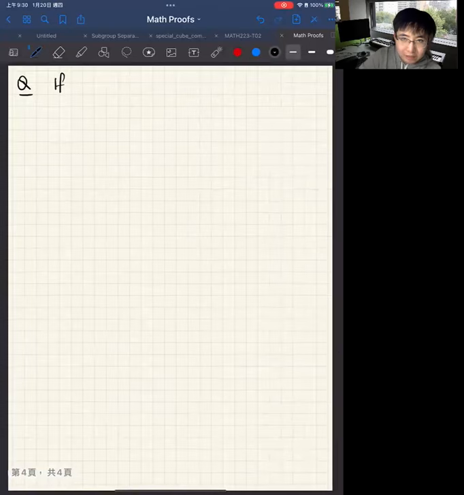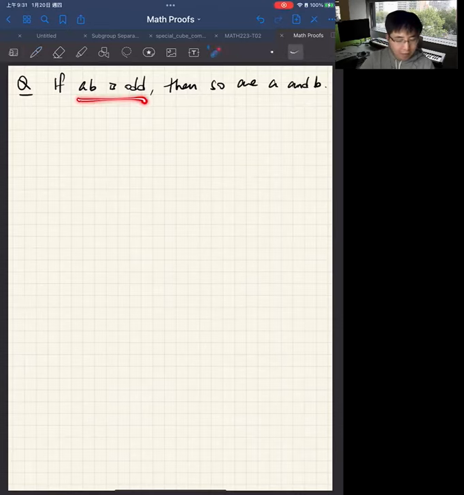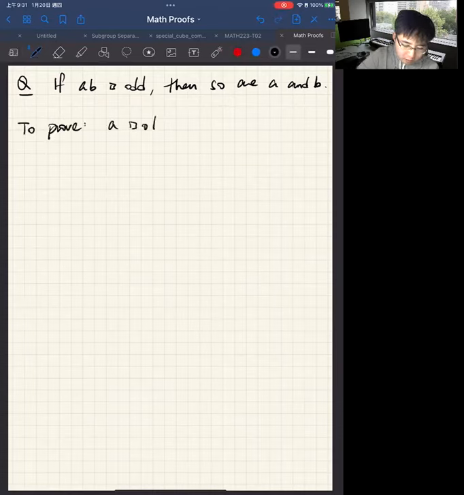So let's say, if AB is odd, then so are A and B. So it means that if AB is odd, then A is odd and B is odd. Okay. So to prove A is odd and B is odd.